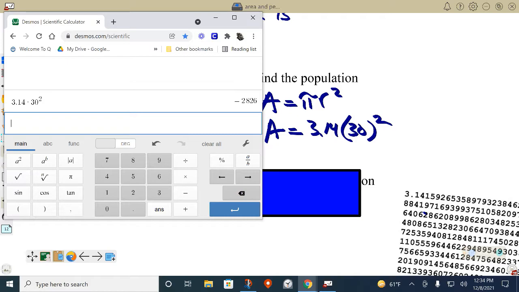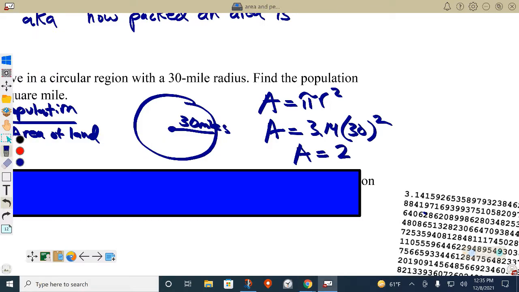So I got 2,826 square miles. So this circular land region is 2,826 square miles.